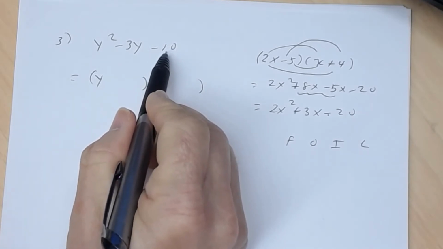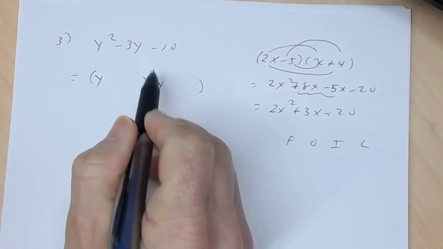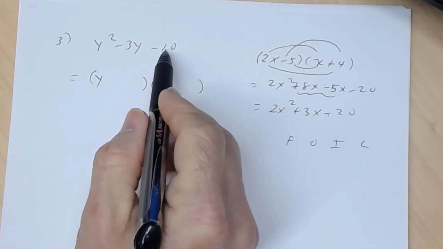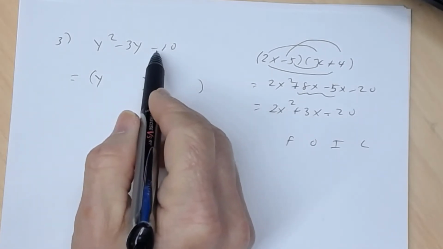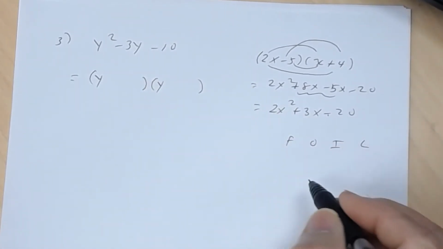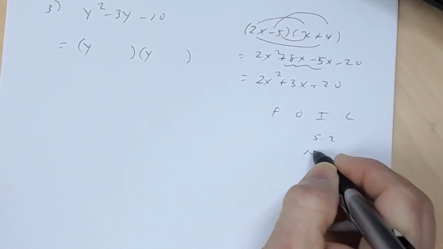I know that one's going to be negative, one's going to be positive. All right, so the best way to do this is what I'm about to do. Just look at 10 for right now. We know this is negative 10, but let's just look at it in terms of 10. So the possibilities for 10 would be 5 times 2, 10 times 1.